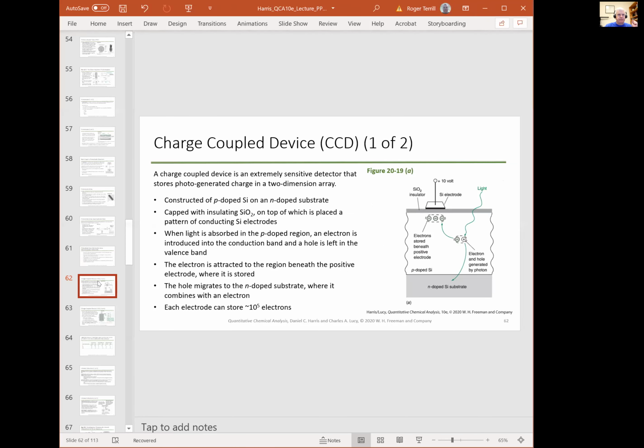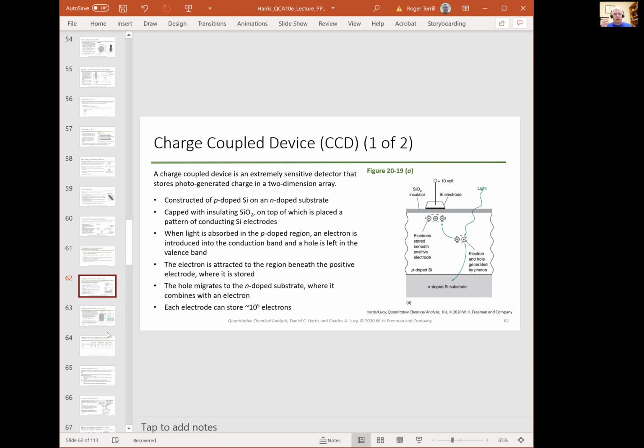All right, I'll talk about charge coupled devices, then we'll do problems. How's that? The charge coupled device is typical of the camera on your phone, or the camera in your camera.